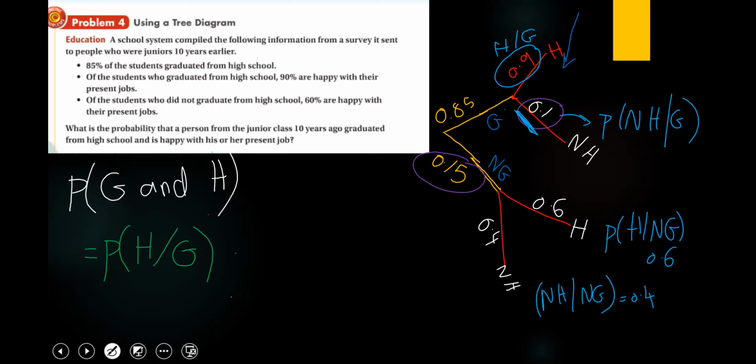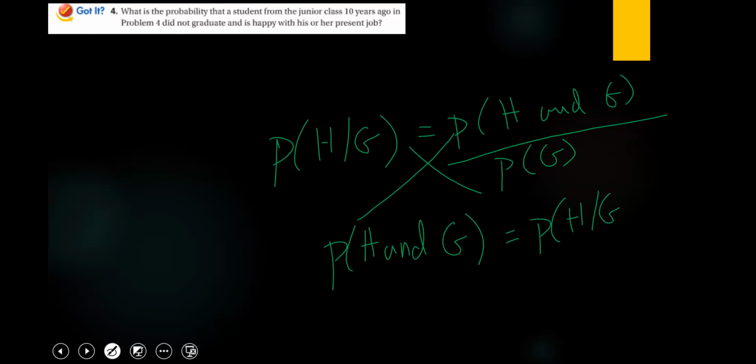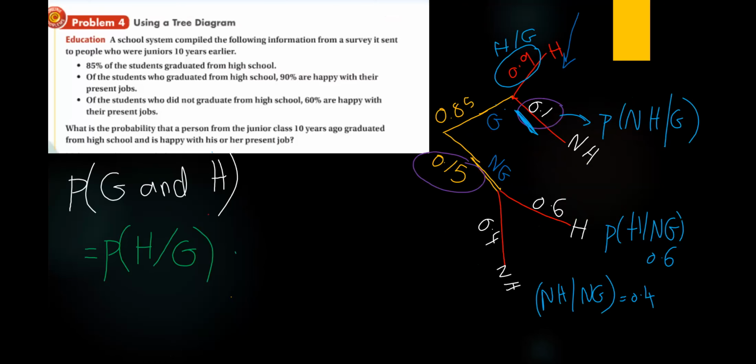I told you the probability of B given A is A and B over the probability of A. So here the probability of H given G is the probability of H and G over the probability of G. So if I want to find the probability of H and G, it is the probability of H given G times the probability of G. Since we end with G, we multiply by the probability of G. Is it clear?